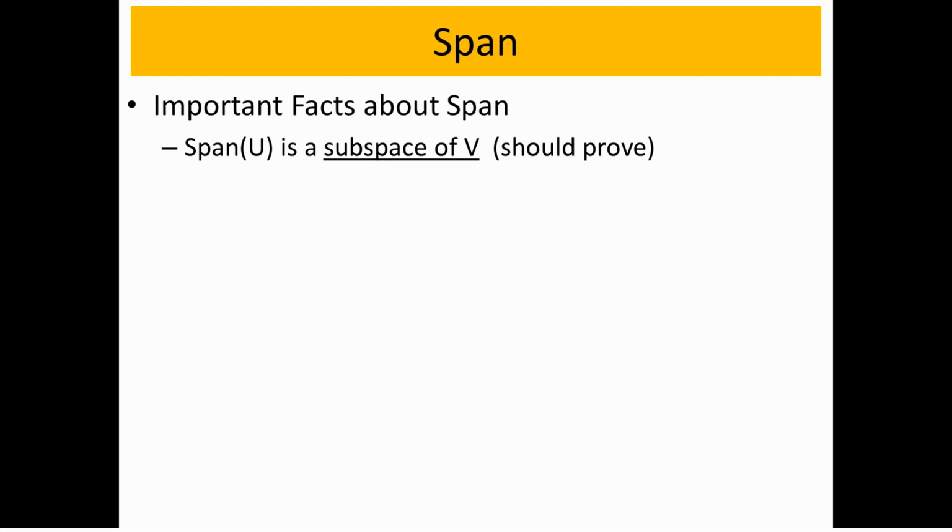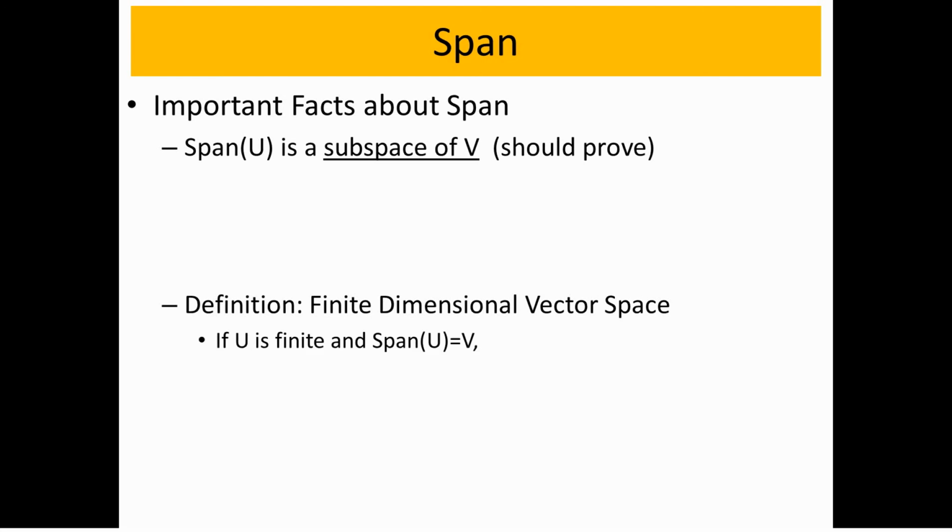One term that's appropriate to bring up now is a finite dimensional vector space. If we have any vector space V and there's a finite list whose span is equal to V, then V is said to be a finite dimensional vector space.